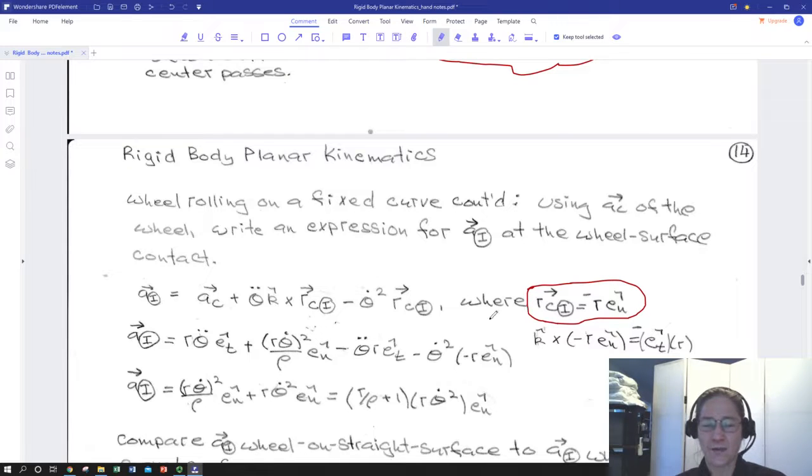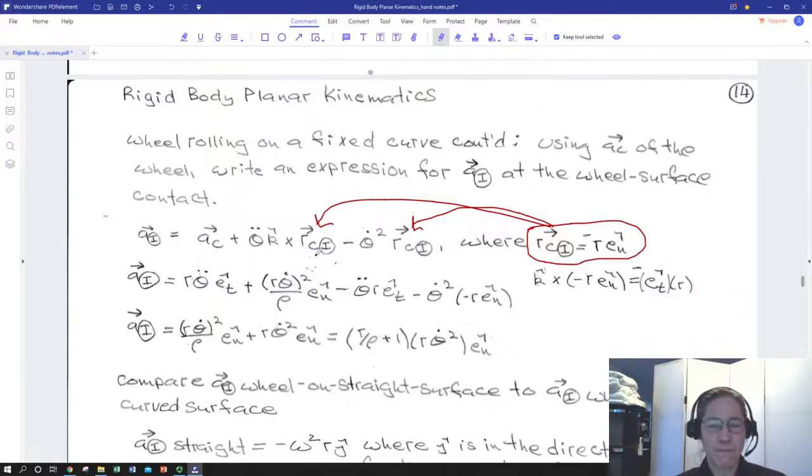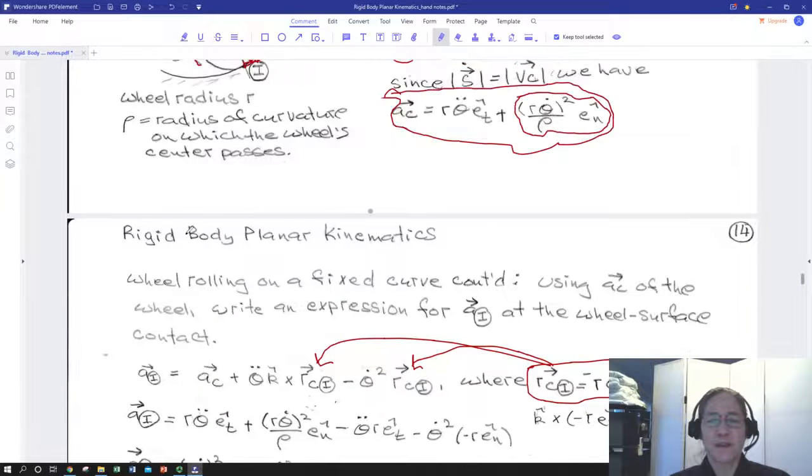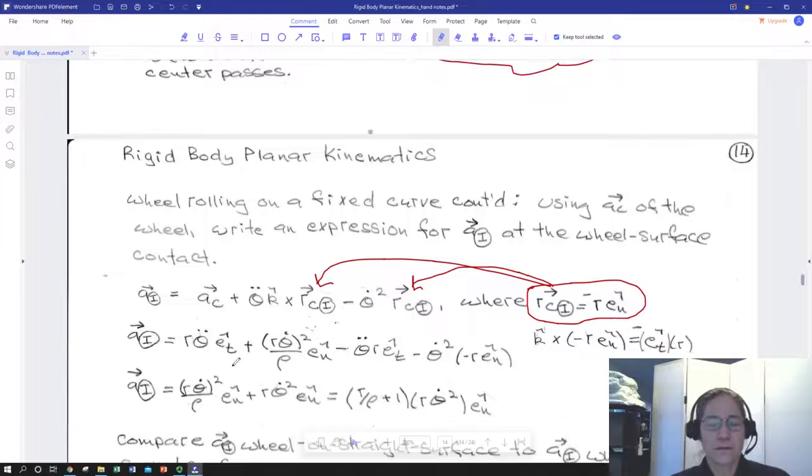So that's going to get inserted in here and in here. And we can use our expression for a sub c from up here. Here's a sub c that we just derived on the other page.